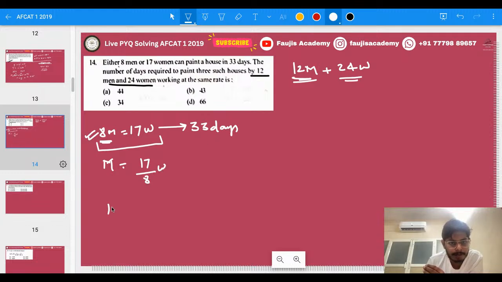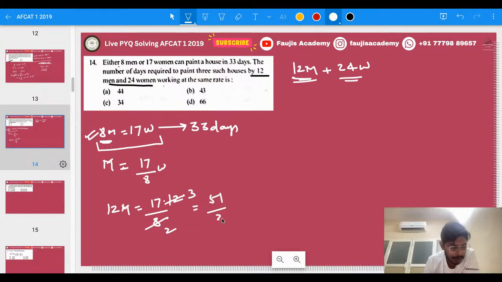And then 12 men is equal to 17 by 8 into 12, isn't it, guys? Either 8 men or 17 women can paint a house in 33 days. This is 2 times, this is 3 times, 51 by 2.